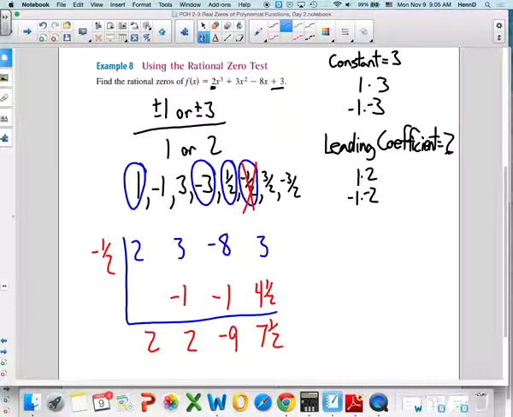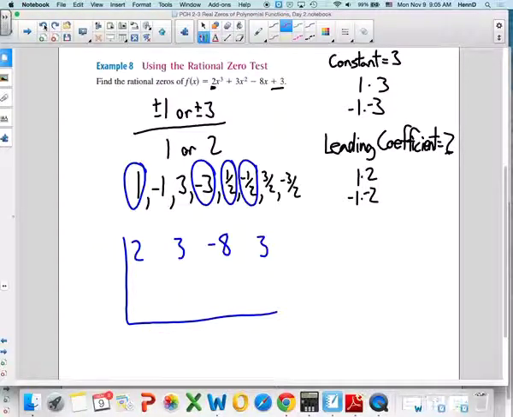Now question, do you have to find all 3 of them using the rational zero test? No. Okay. Would I even recommend doing that? No. Okay. So once you did 1, let me go back to where we had that result.